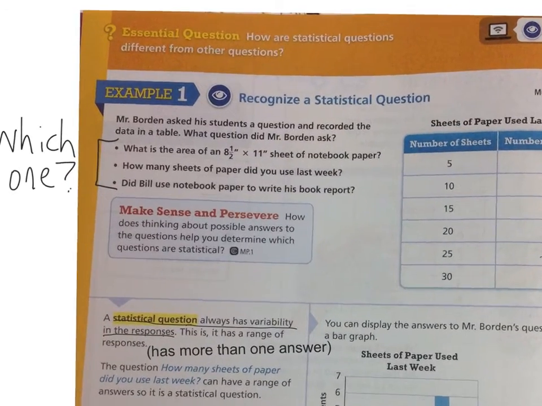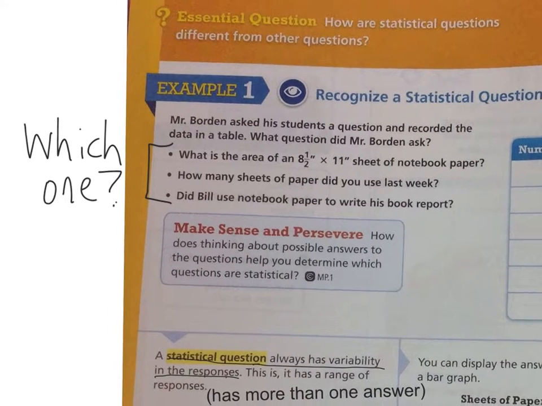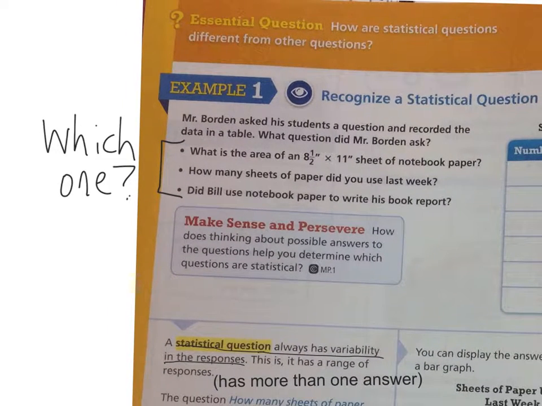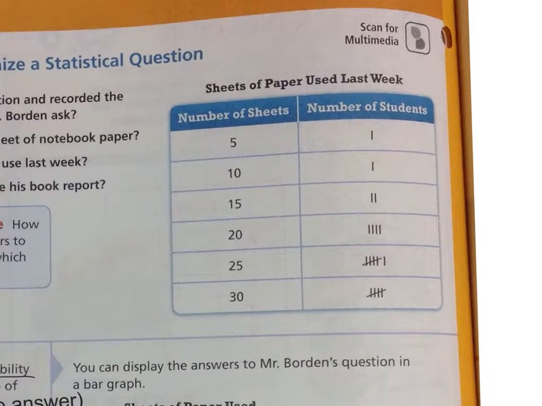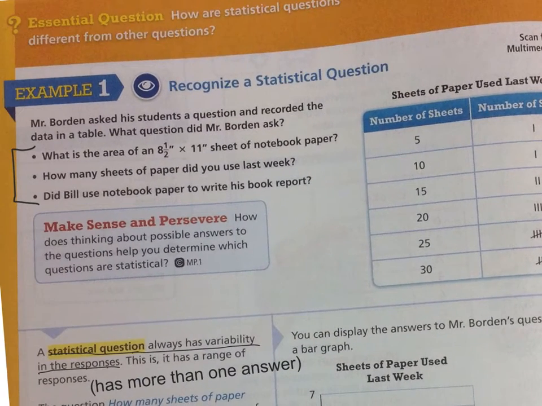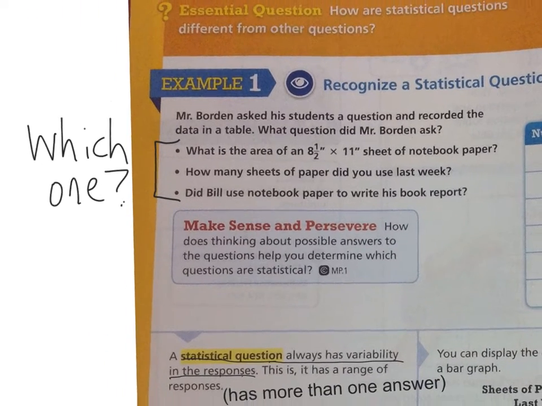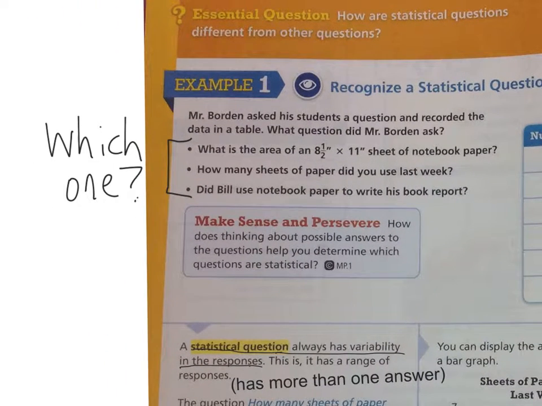So look at example 1. Mr. Borden asked his students a question and recorded the data in a table. What question did Mr. Borden ask? So we look at our table here. We can see some information there that's going to give this away pretty easily. The question either was, what is the area of an 8.5 by 11 inch sheet of notebook paper?